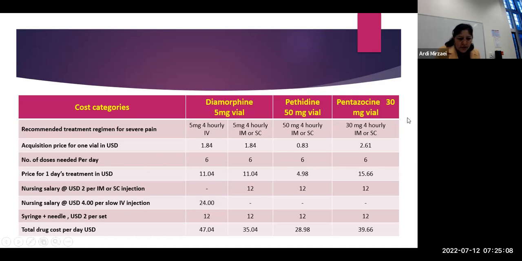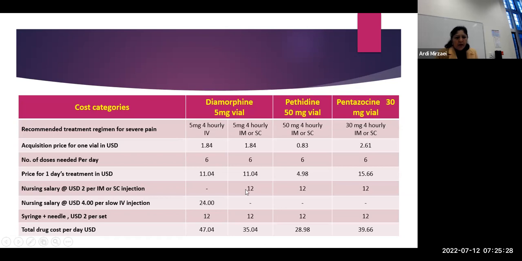So when you add all this, the total drug cost per day in USD is 47.04, 35.04, 28.98, and 39.66.